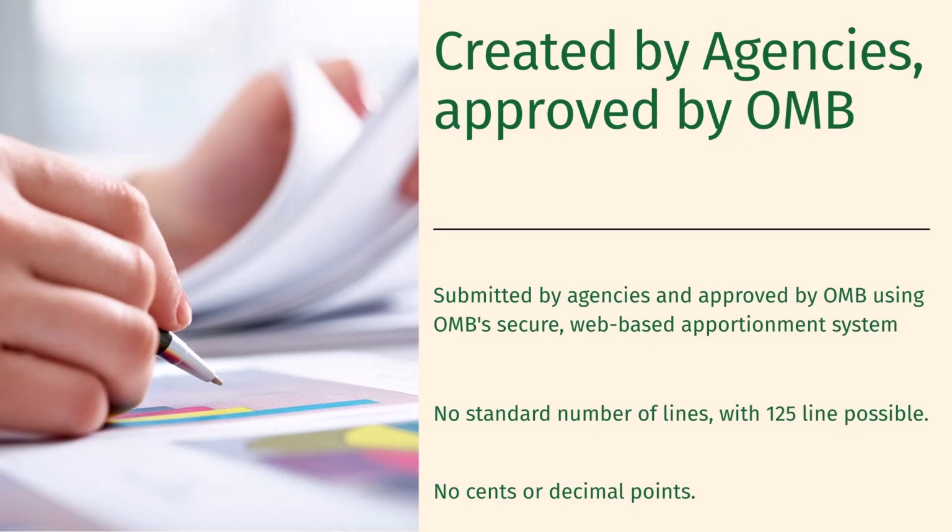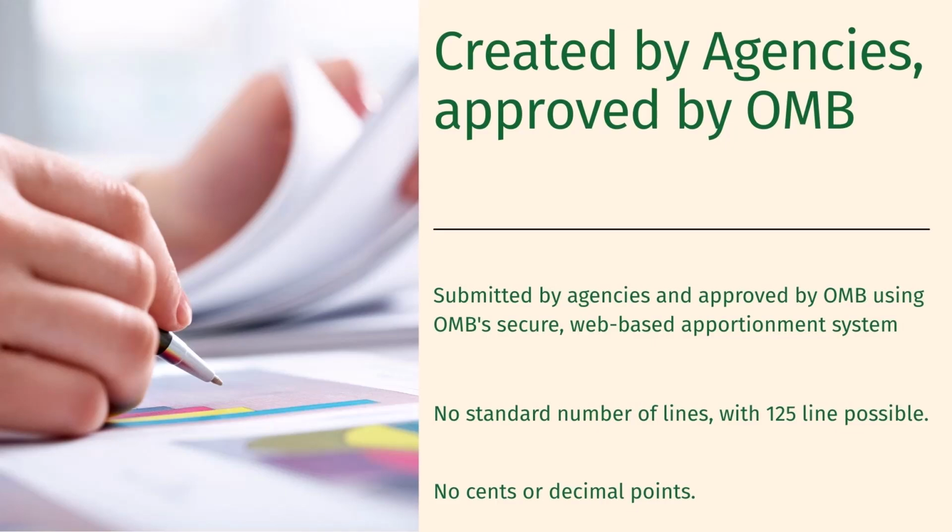Agencies prepare their own apportionment requests and submit them to OMB for approval. This process happens through OMB MAX, a secure web-based system where agencies can log in to submit requests and track their approvals. This ensures proper documentation and maintains the separation between agency requests and OMB's executive oversight role.